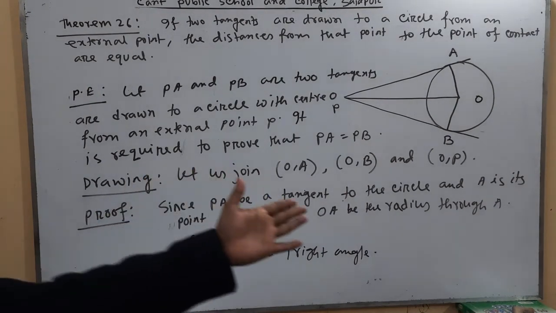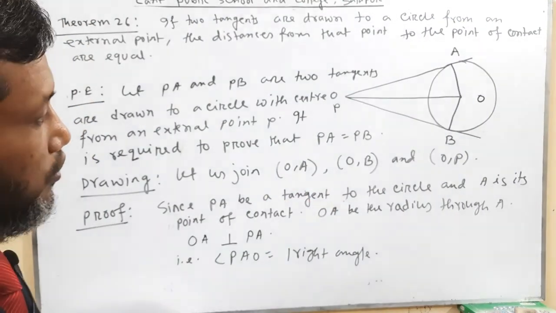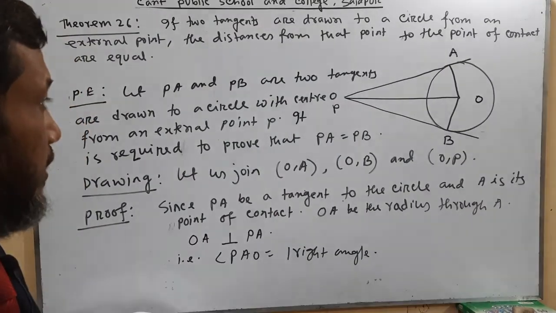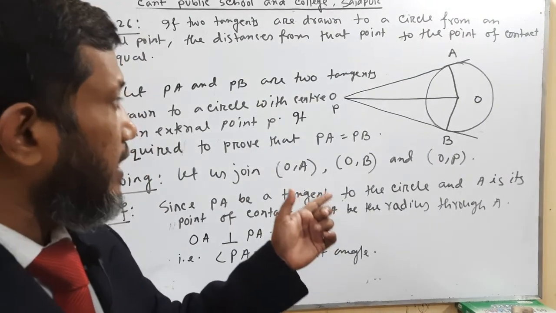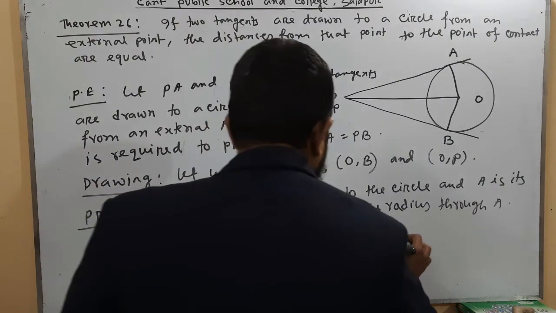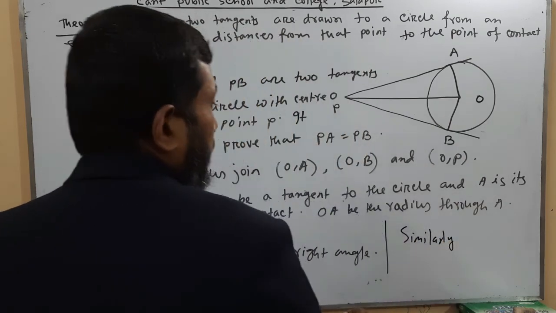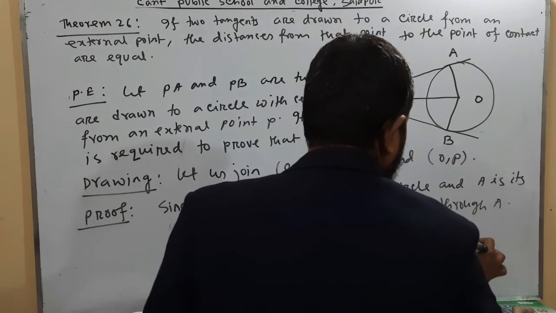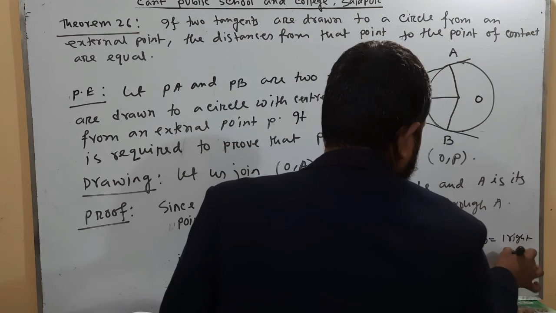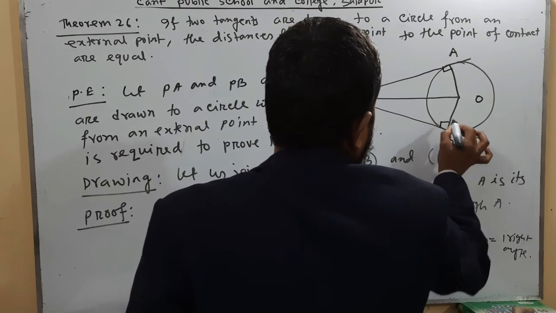Similarly, PB is another tangent and B its point of contact and OB is the radius through B. So OB is perpendicular to PB, that is angle PBO is equal to one right angle.